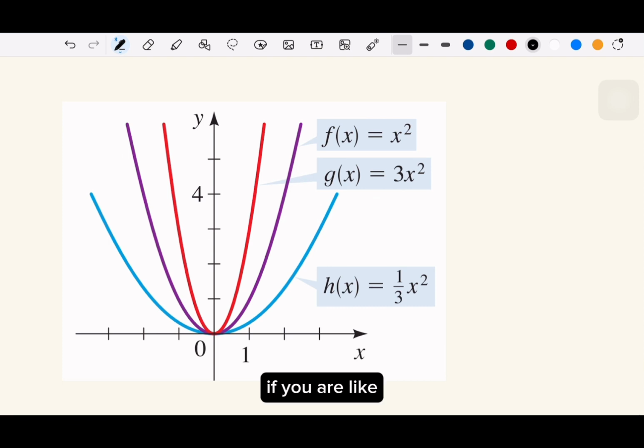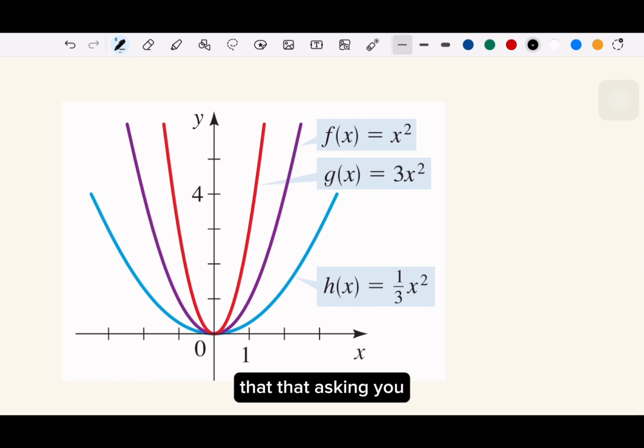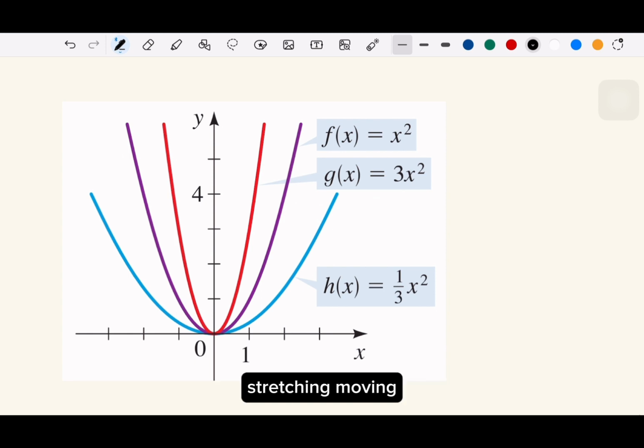Usually if you feel confused in the exam, and yeah, usually students do that, right? You can try to plot some points. Maybe there's another function asking you to describe the transformation, which means you need to describe whether it's shrinking, stretching, moving, shifting, and so on.